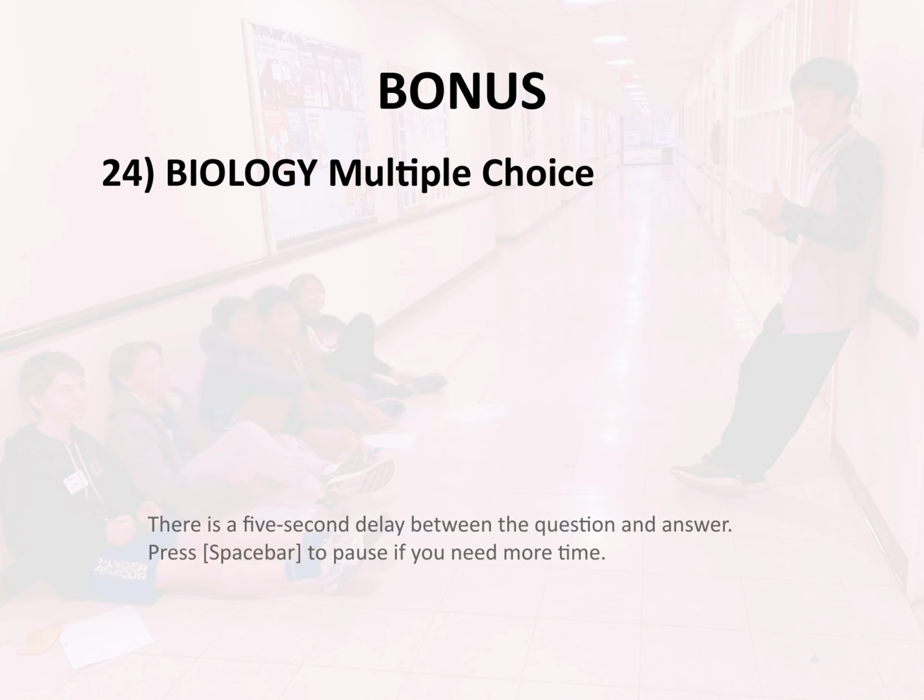Bonus 24. Biology. Multiple choice. Which of the following chemical bonds does not correctly characterize the interaction between two molecules? W. Ester linkage, ribose to phosphate. X. Peptide bond, amino acid to amino acid.